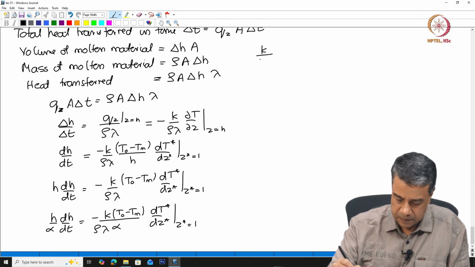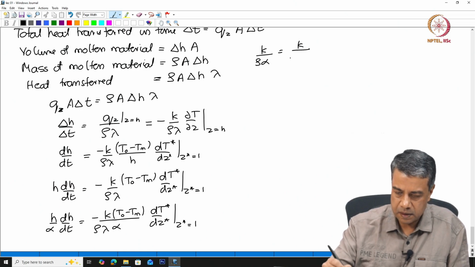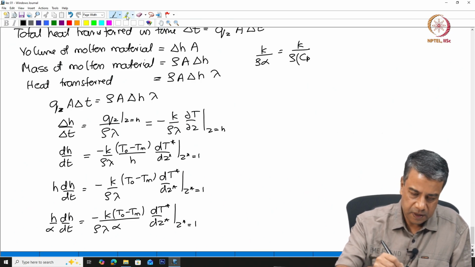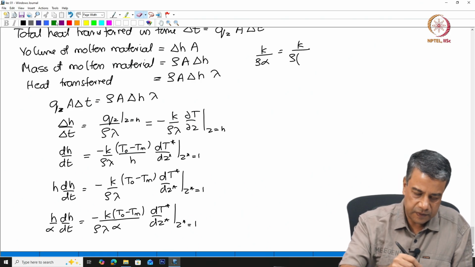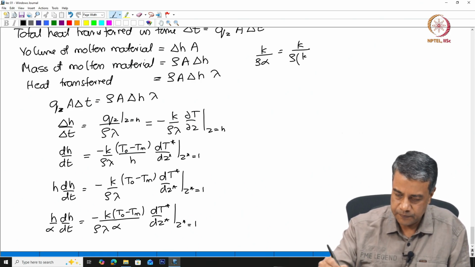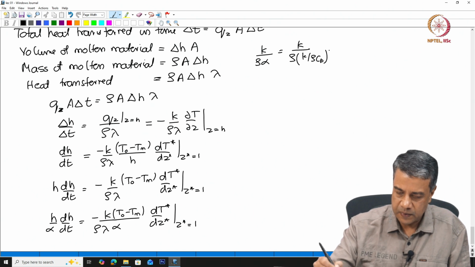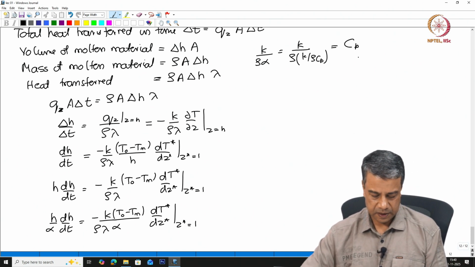This factor k by rho alpha, sorry, alpha is k by rho Cp. The thermal diffusivity is the conductivity divided by rho Cp. So, this is just equal to Cp, the specific heat.